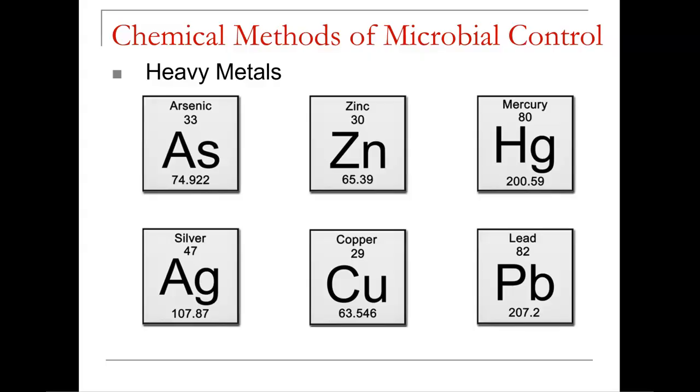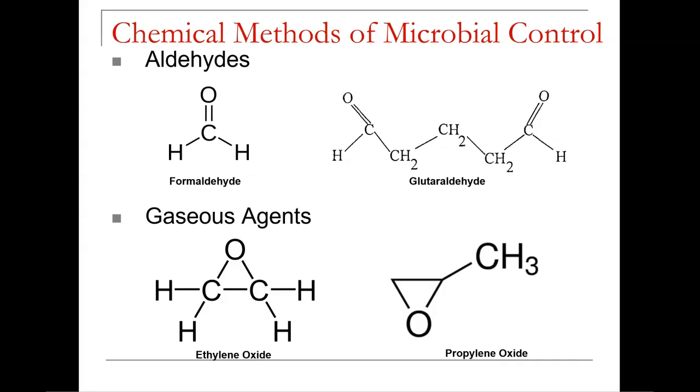Heavy metals are going to be things like arsenic, zinc, mercury, silver, copper, and lead. Their level of activity is going to be low, and their mode of action is going to be to denature proteins. Aldehydes are going to be things like formaldehyde. Their level of activity is high, and their mode of action is to denature proteins.